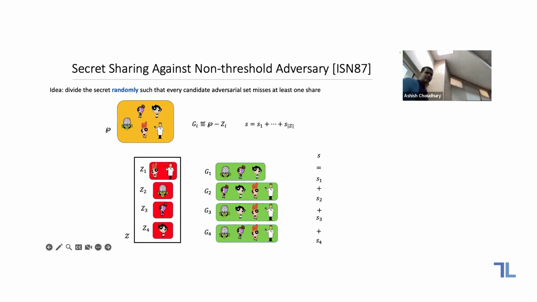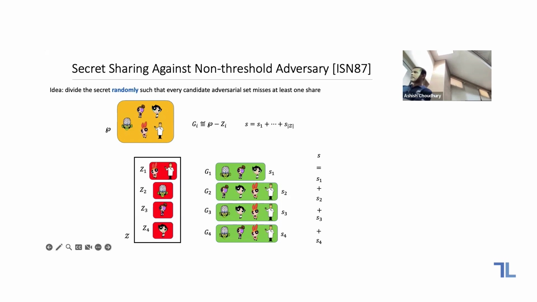In this example, you have 4 sets, so the dealer would pick 4 random shares which sum up to S. The first share will not be given to Z1, but to the complement subset. The second share will not be given to Z2, but to its complement set, and so on.